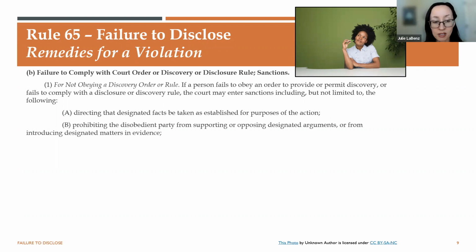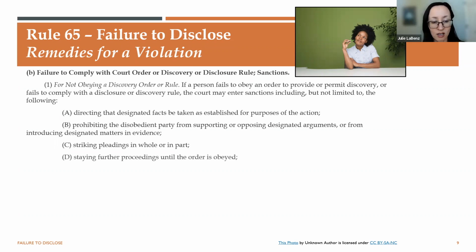The court could prohibit the disobedient party from supporting or opposing designated arguments or from introducing designated matters in evidence. So they could be prohibited from presenting an argument because they failed to disclose certain information. The court can strike pleadings in whole or part.